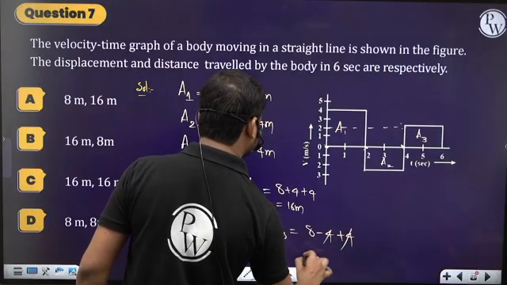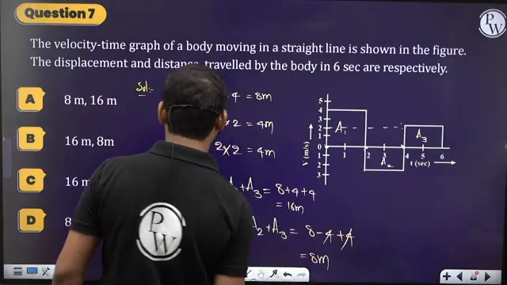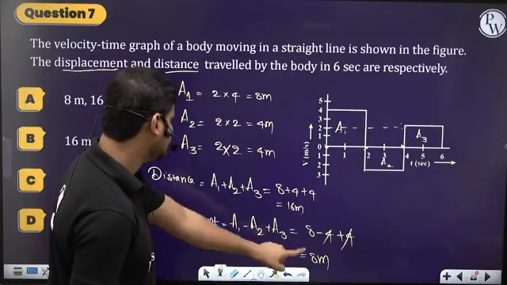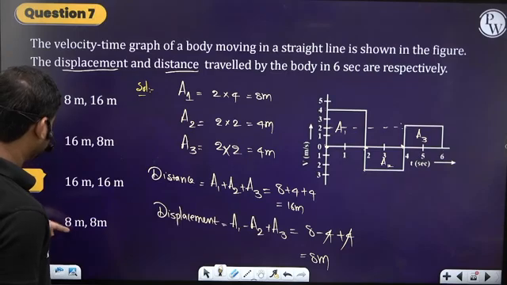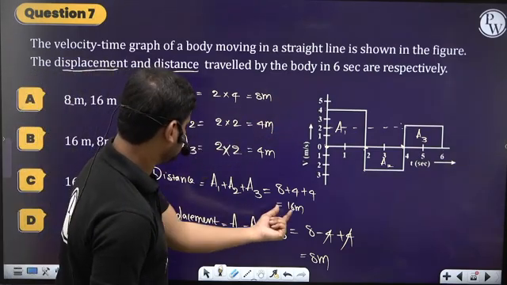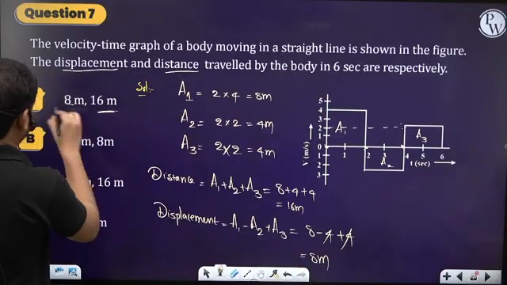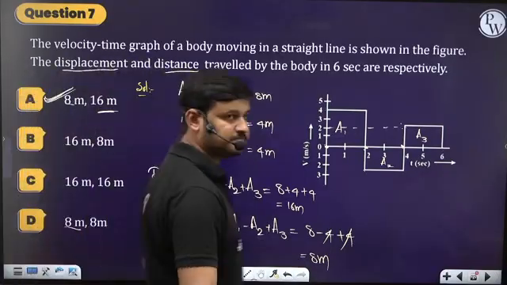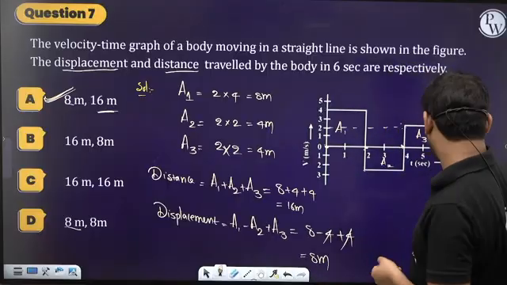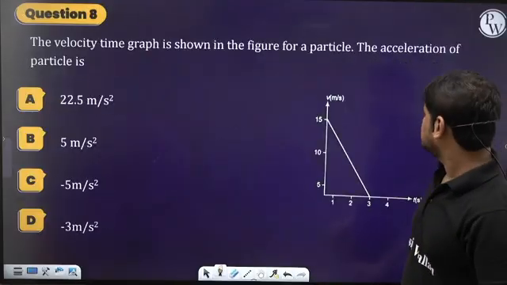Minus 4 plus 4 cancel, plus 8 meters. So first write the displacement, then the distance. Displacement is 8. This option is there, this option is there. And distance is 16. Distance 16 is there in this option. Option A is the correct one. Clear? Understood? Chalo, next. Let's take one more question.